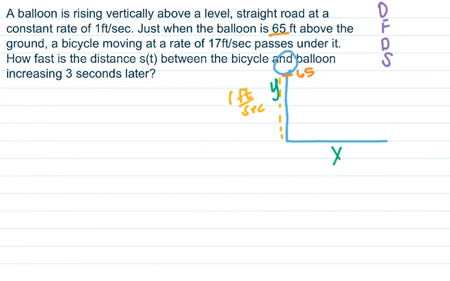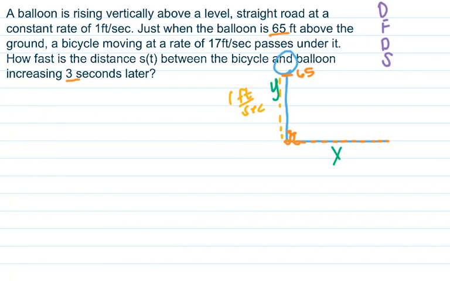A bicyclist comes along and he's passing at a rate of 17 feet per second under the balloon. So we have this guy on a bicycle, or this lady on a bicycle, and moving steadily along at 17 feet per second. So how fast is the distance between the bicycle and the balloon increasing 3 seconds later?